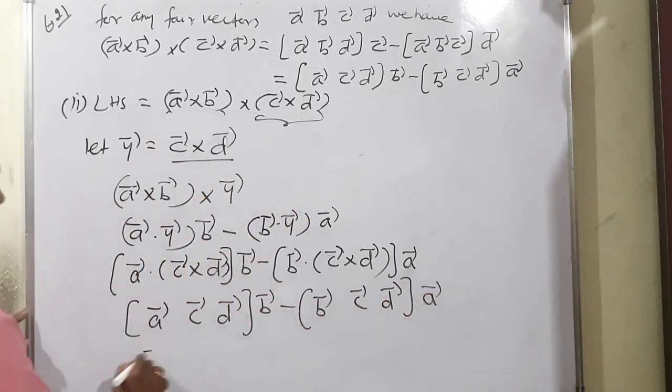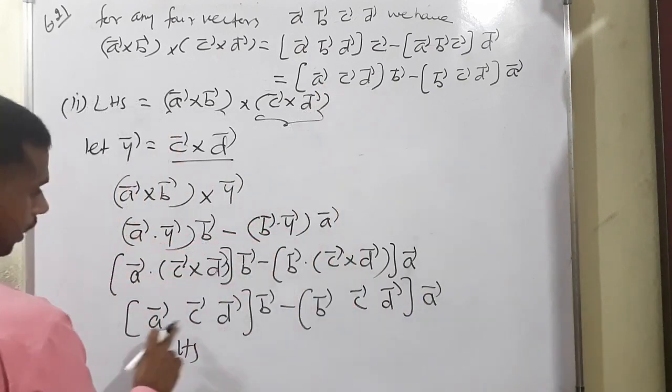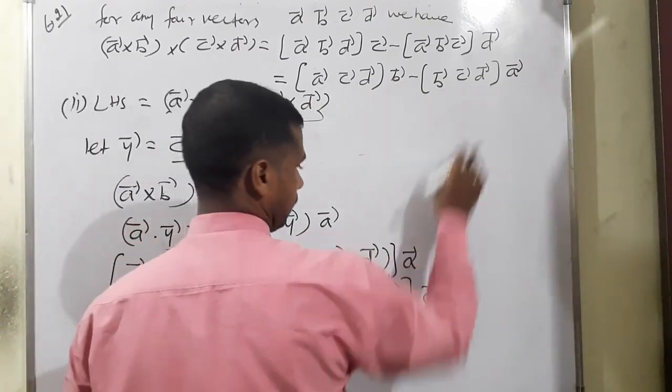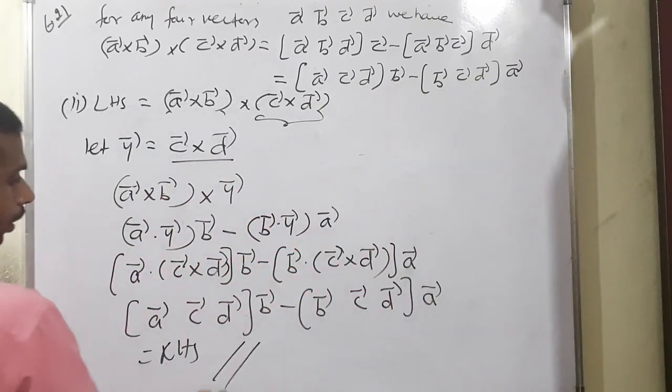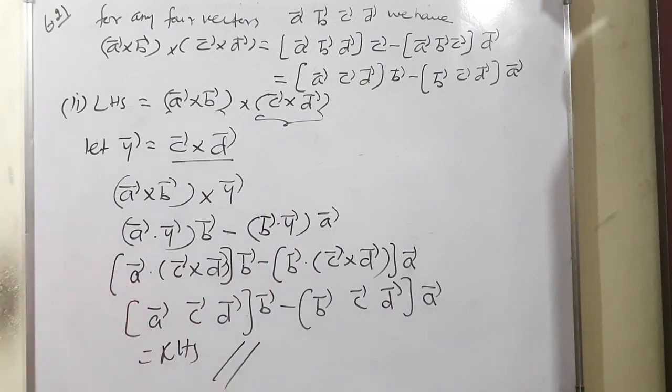Now look at there, this is called RHS. For the second term, ACD outside b vector, then minus BCD outside a vector. So hence proved.